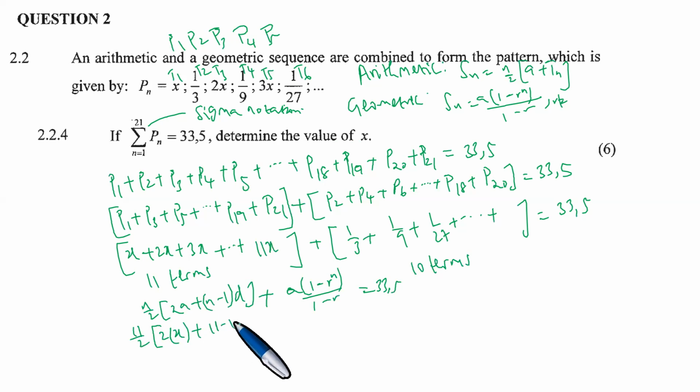So you put 11 minus 1. The common difference is 2x minus x, which is x. The first term of the geometric series, formed by the geometric sequence, because the sequence is simply a list, is 1/3. So you have 1/3 here.